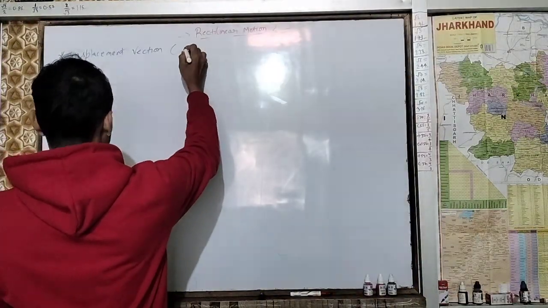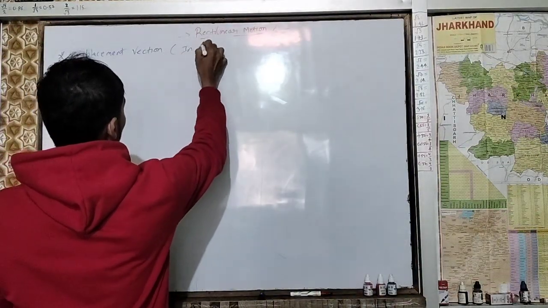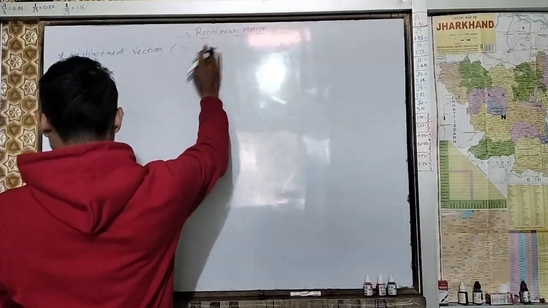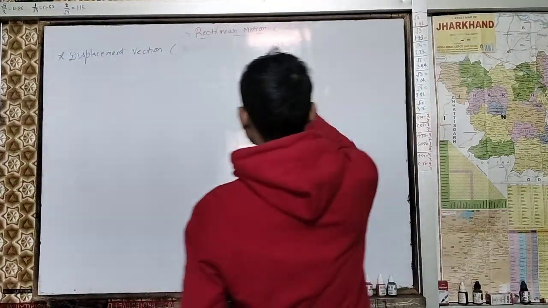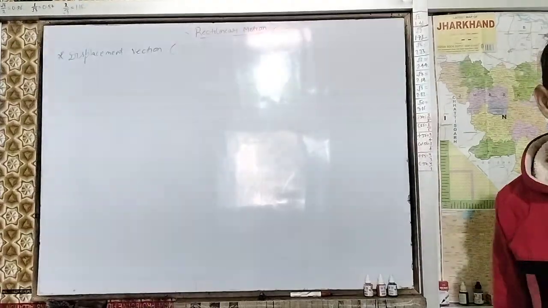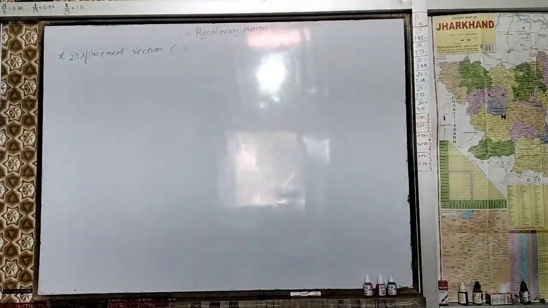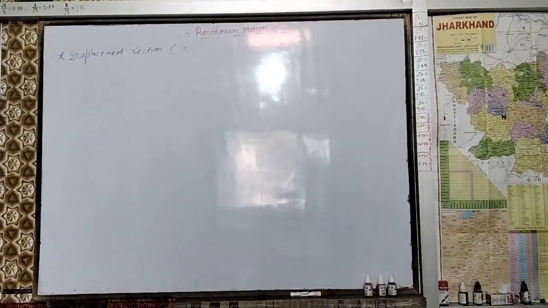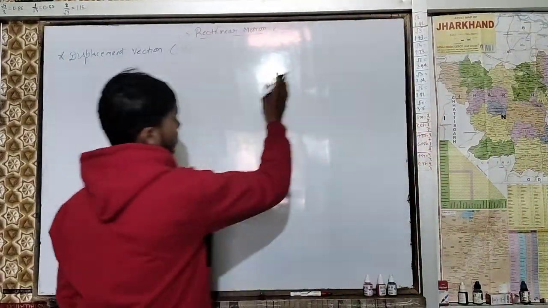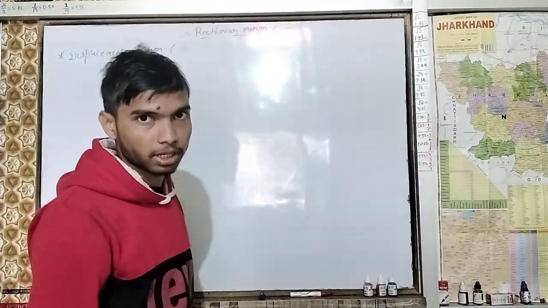What will be the displacement vector in terms of a position vector? Let me draw a figure of a vector so that we can understand it in more detail. We know there would be three axes, i cap, j cap, k cap.